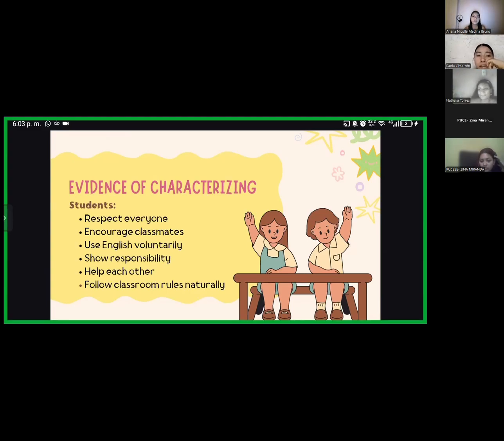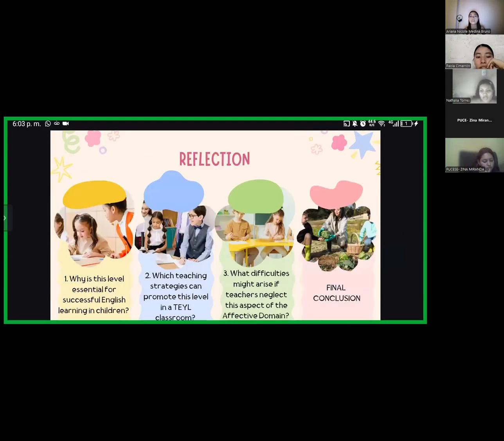So finally, we would like to reflect on the importance of this level in teaching English to young learners. The first question is, why is characterizing essential for successful English learning in children? I think characterizing is essential because it helps children develop positive values that become a part of their daily life.